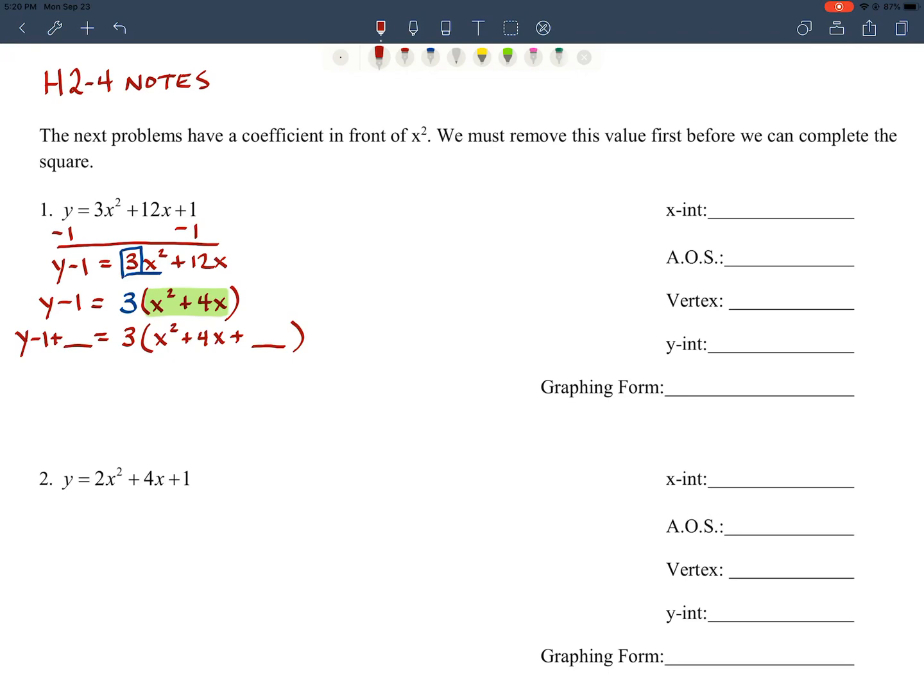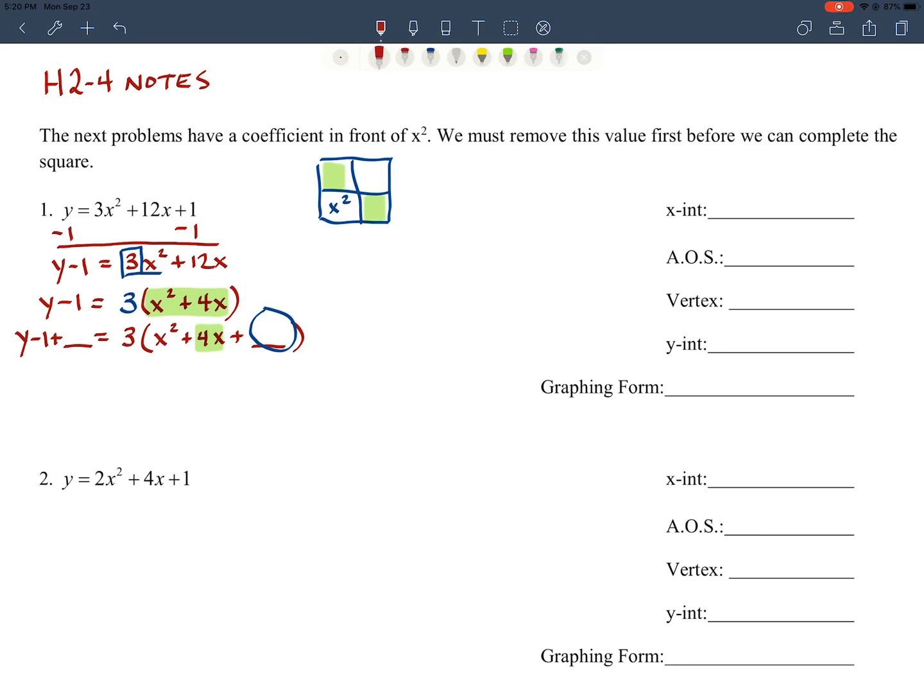And just a recap of how we've figured out what this missing value is right here. If we think about it as a generic rectangle that we've been using for factoring, we would have had our x squared here, and then we would have had to take our 4x and split it amongst those two quadrants of our generic rectangle.